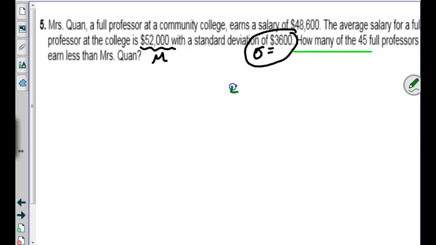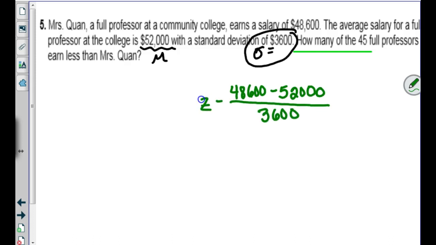So her salary, somebody help me here with the math, minus the average divided by the standard deviation would give us a z-score of what? 48,600 minus 52,000, enter, divided by 3,600, negative 0.94, repeating, okay?